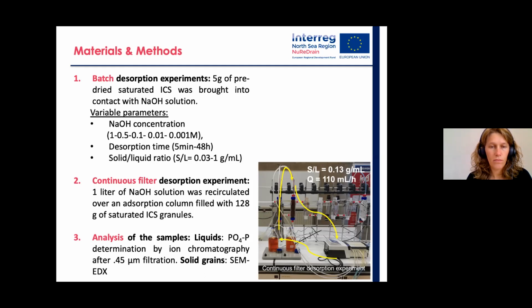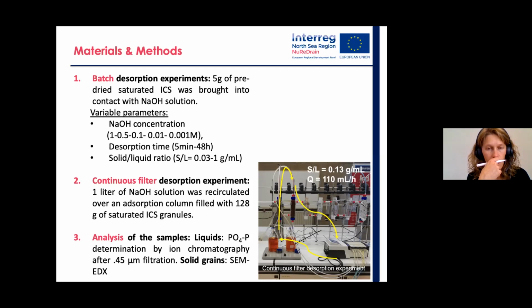We varied also the desorption time from 5 minutes to 48 hours. And we varied also the solid liquid ratio. The solid are the granules. The liquid is then the sodium hydroxide that we used during the desorption batch experiments.